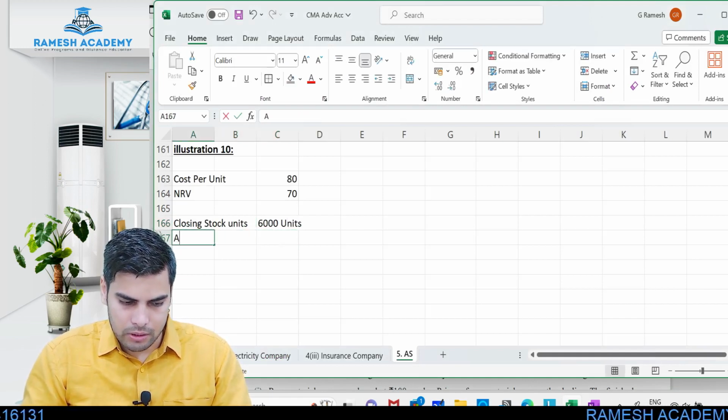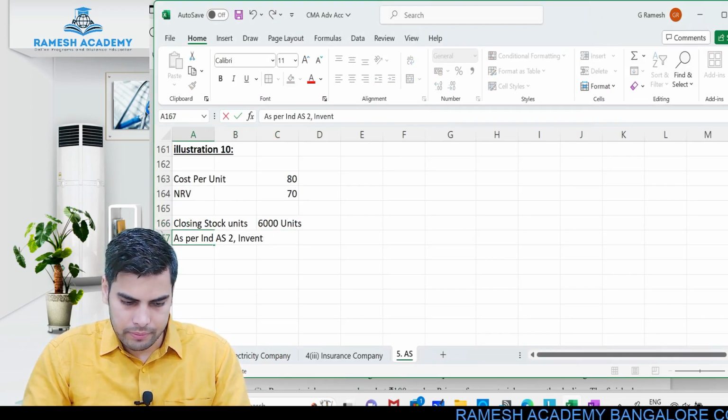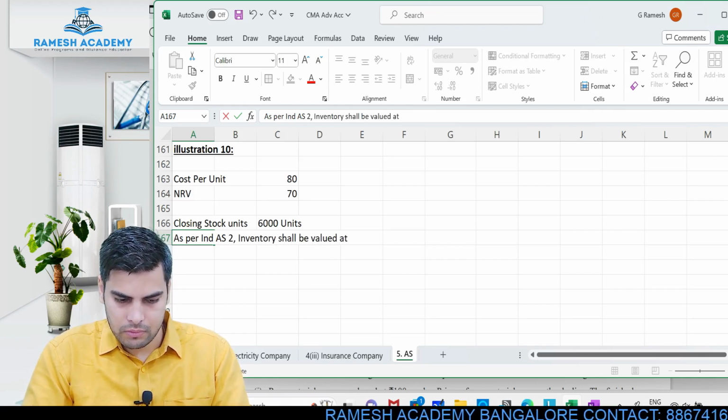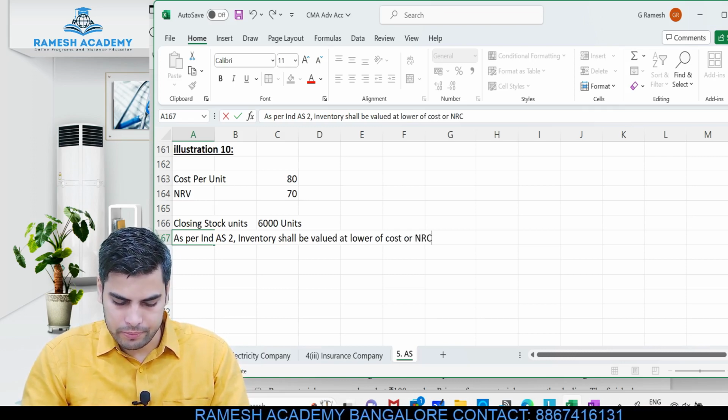So as per Indian Accounting Standard 2, inventory shall be valued at lower of cost or net realizable value.